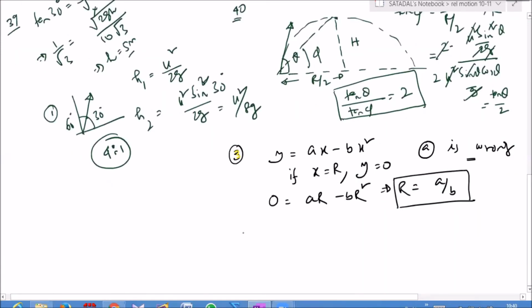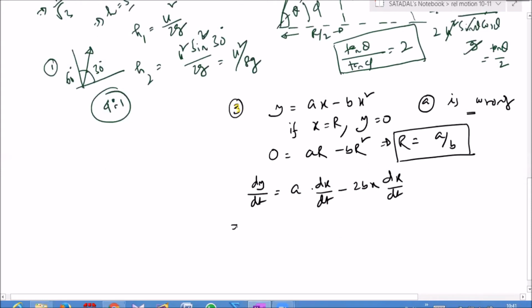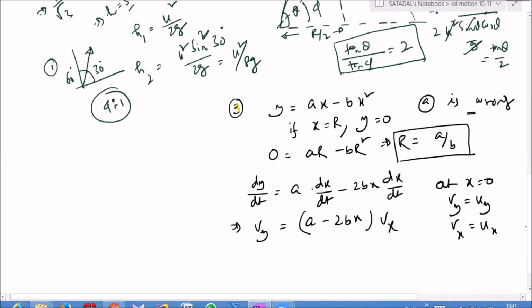Okay. Next you see, if I write dy dt, what am I going to get? A dx dt minus 2bx dx dt. So I'm going to get Vy is equal to A minus 2bx into Vx. Correct? Now, at x is equal to 0, Vy is equal to Uy, Vx is equal to Ux.